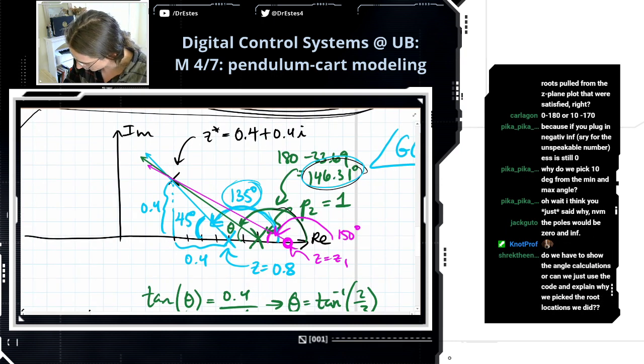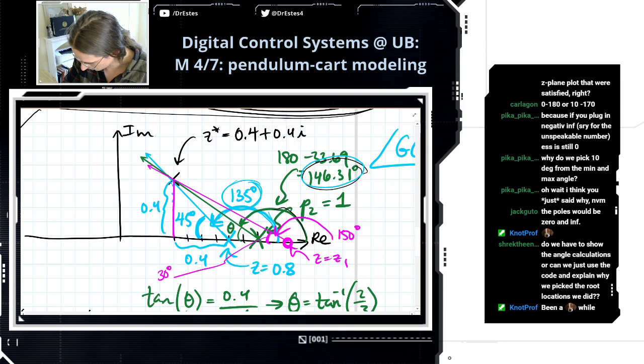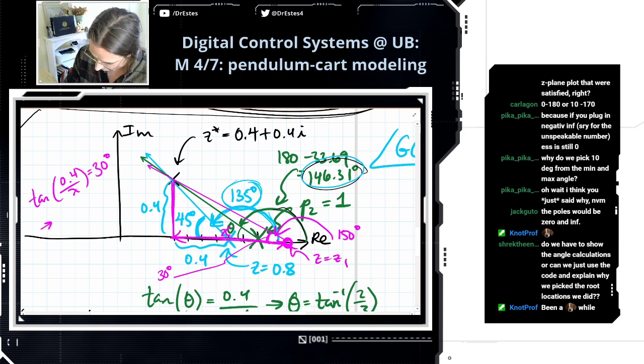Okay, so that means this interior angle has to be 30. And so what I'm going to do, I know this side is 0.4, and how far does this have to be? I'll call this distance x. So the tangent of 30 degrees is equal to 0.4 over x.